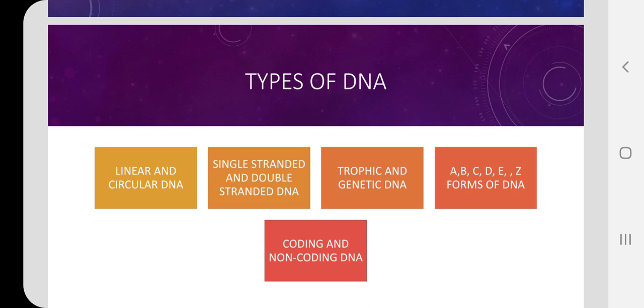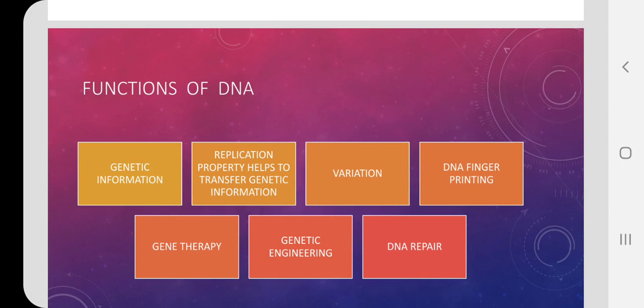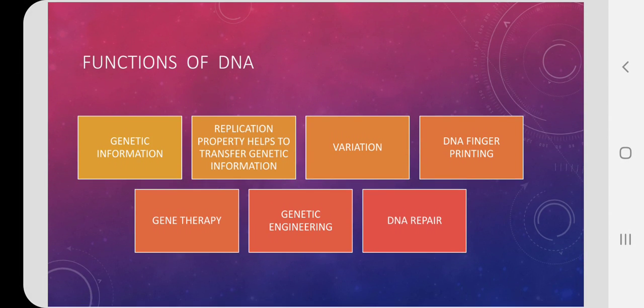So let us now see the functions of DNA. The most important function of DNA is that it contains the genetic information for all living organisms, and it gives all the directions to the cell on how it would be.